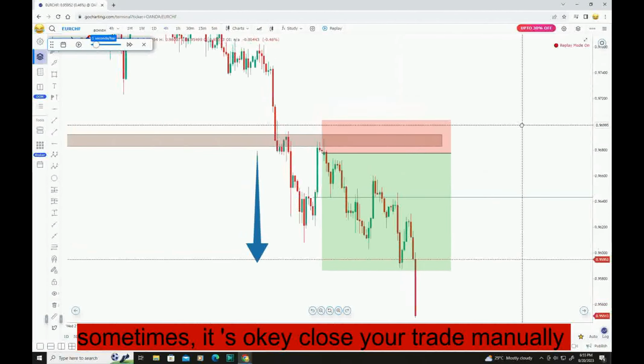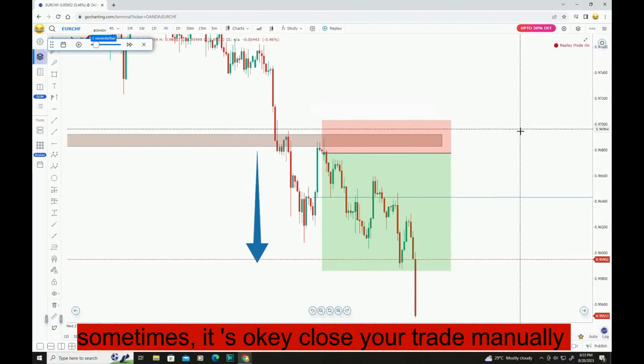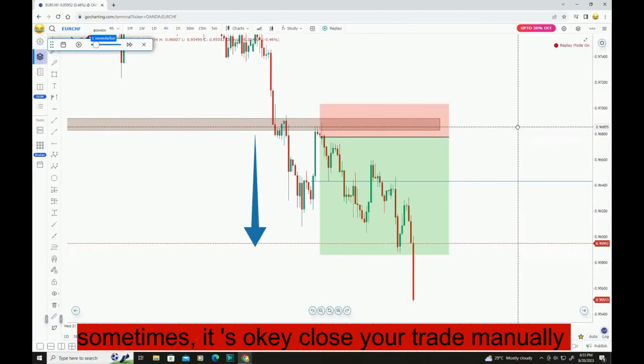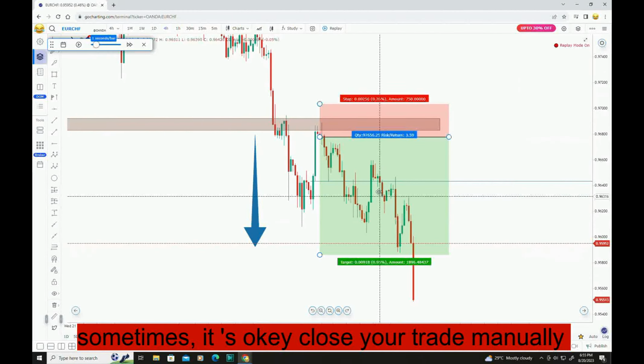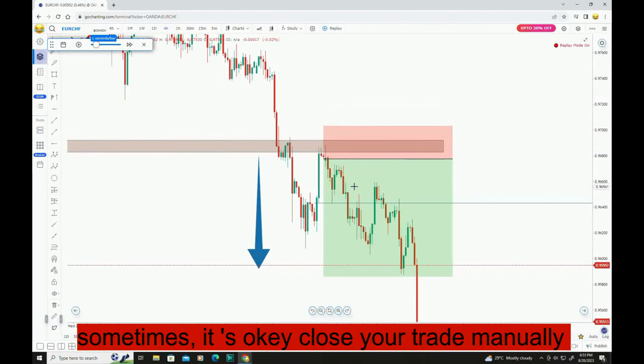Simply close once the price is almost on your final TP, because we are not chasing the perfect TPs all the time. Sometimes this market can be unpredictable.